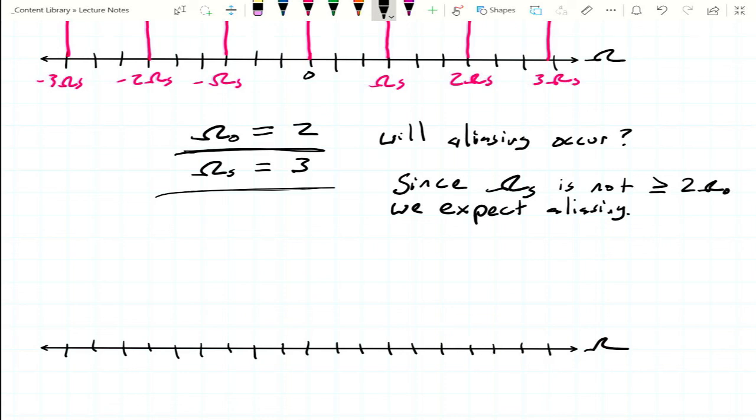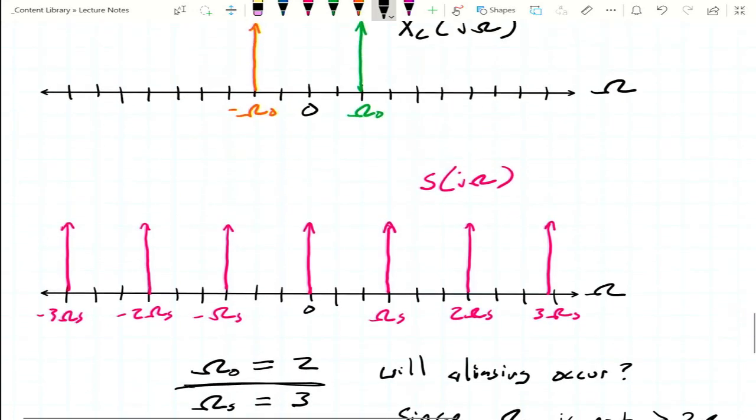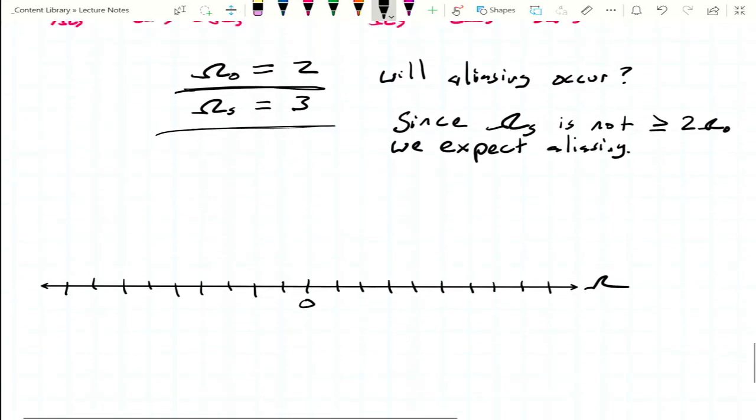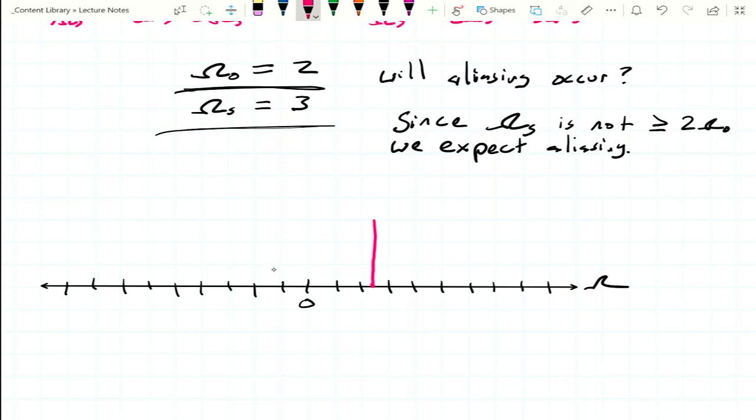Let's say this is 0, and since our omega naught is 2 ticks out, we'll go 2.5 ticks out. So 1, 2. We'll say that's our H sub r of j omega.